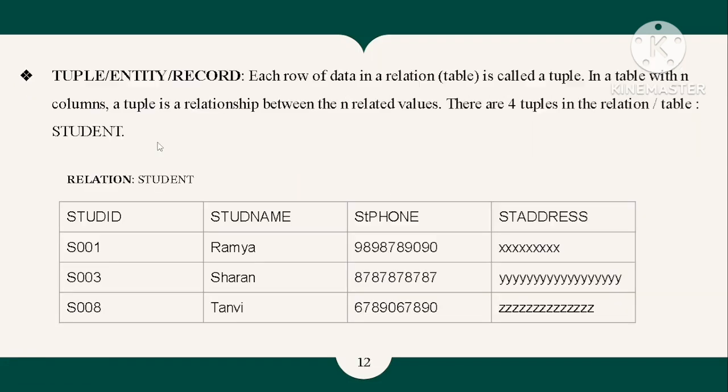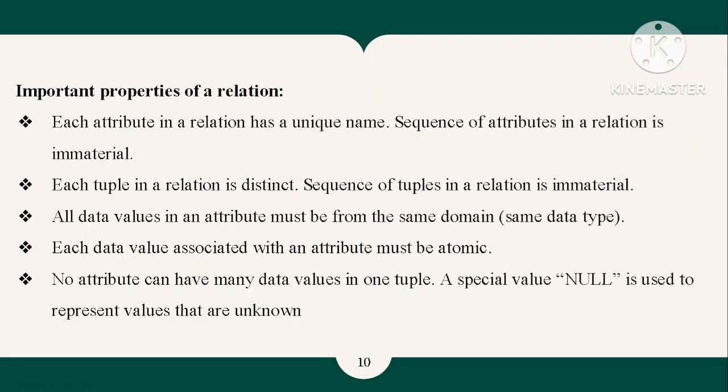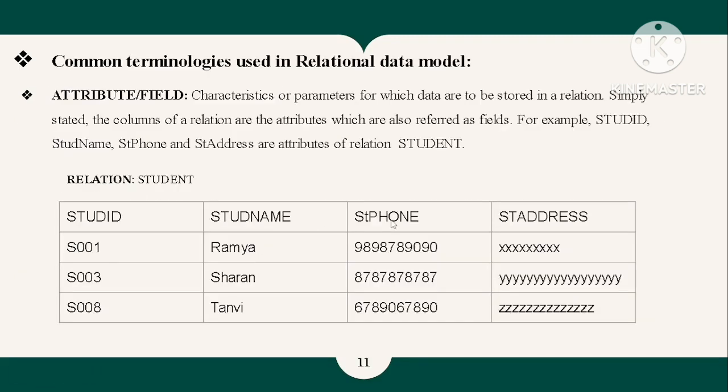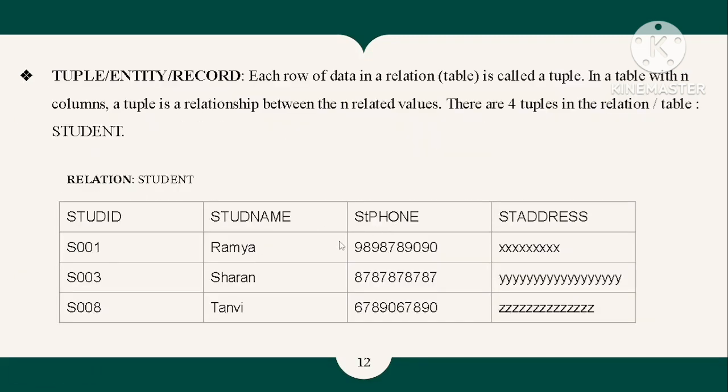Now we'll come to the properties of relation. Every attribute has a unique name. Every tuple is distinct. So you cannot have two personal records of the same student. All data values must be from the same domain. What do you mean by that? Say for example, there is phone number.